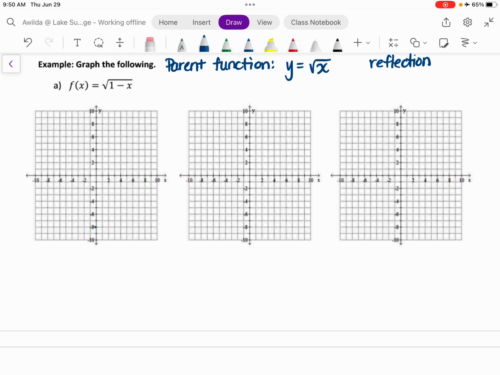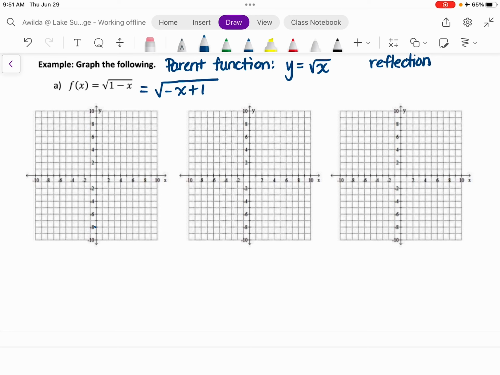I do see two transformations, and to see them more clearly, I'm going to rewrite the rule of the function in the following way. I'm going to write this as the square root of -x plus 1. Please note that -x plus 1 is equivalent to 1 minus x, but writing it in this form will help us see the two transformations more clearly.